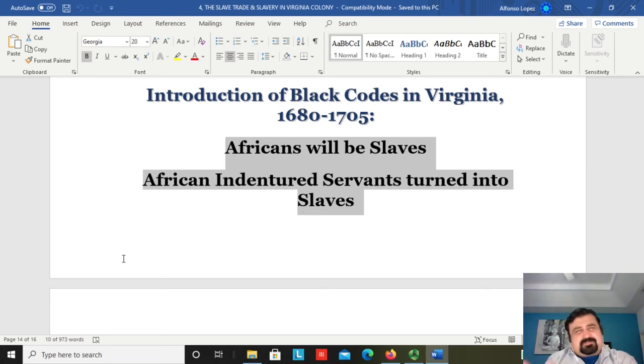And even those peoples from Africa that had come earlier to Virginia and were introduced as indentured servants, their status is going to change into the status of slaves. In other words, there will be no more African indentured servants. There are just slaves.